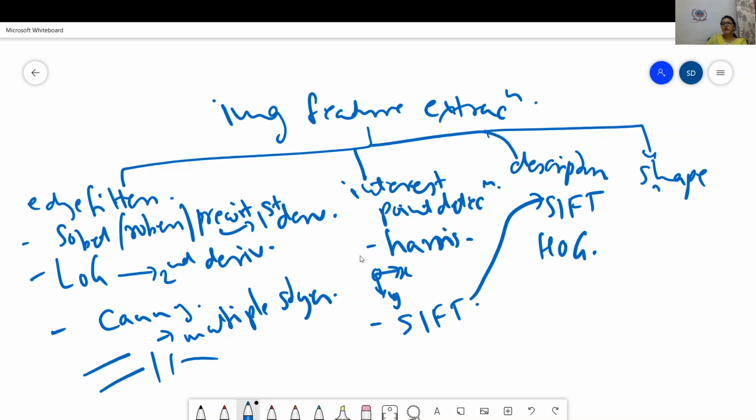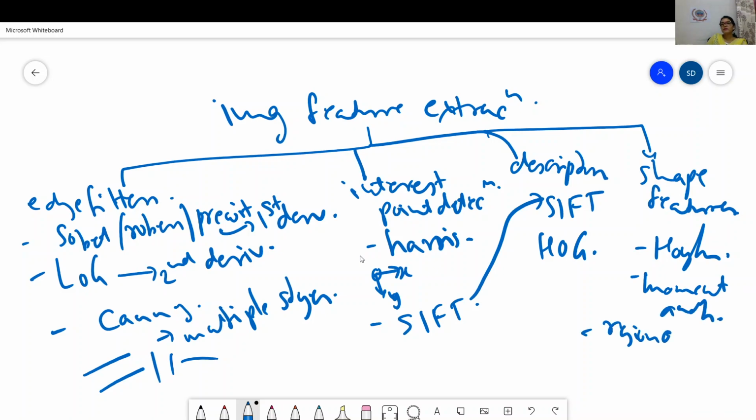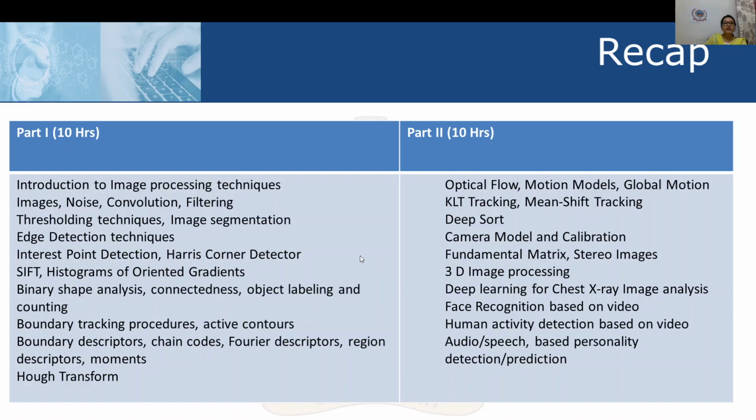And then later we concentrated on various shape features. The Hough transform comes here. Then moment analysis, then region descriptors, then boundary descriptors. All these things we saw as part of shape features. So this covers the first part.